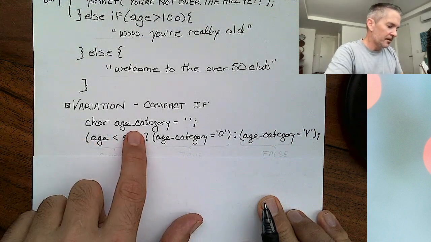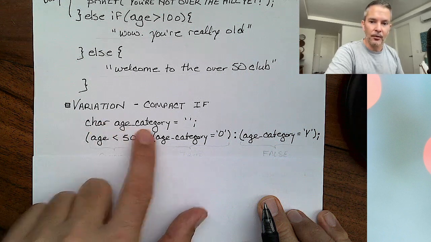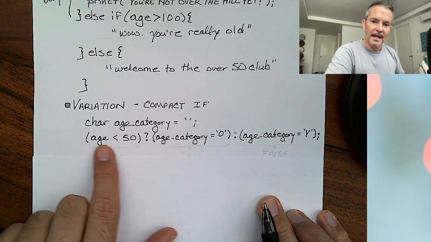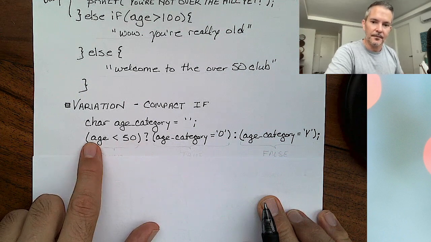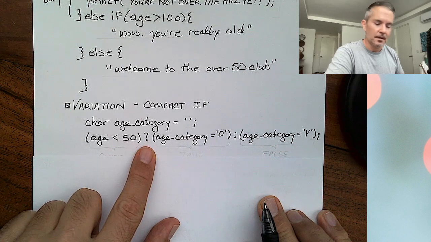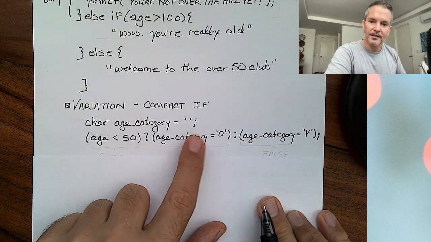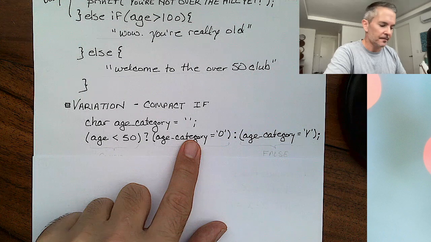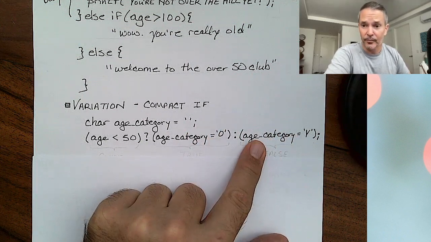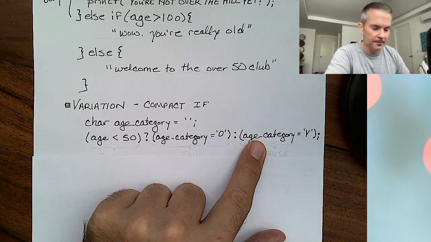So here I've defined a variable, a character called age category. And look at this. I write a conditional statement. Age is less than 50. Then I place a question mark. Then I'm allowed to place two statements in parentheses. Actually, I don't think you have to put them in parentheses, but it's good practice.